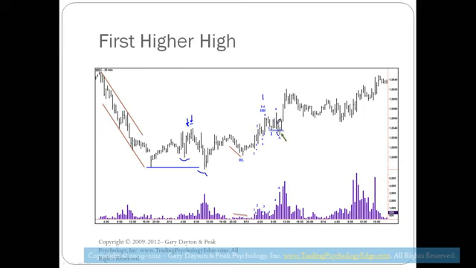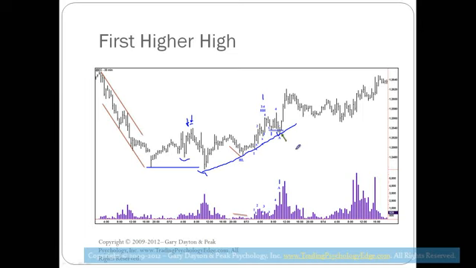And this is a nice first higher high setup. We are now starting to see an uptrend take shape here. Okay? And at A, we see good volume come in, but the market fails to go lower and instead springs this little support level. That's an indication of strength in itself.